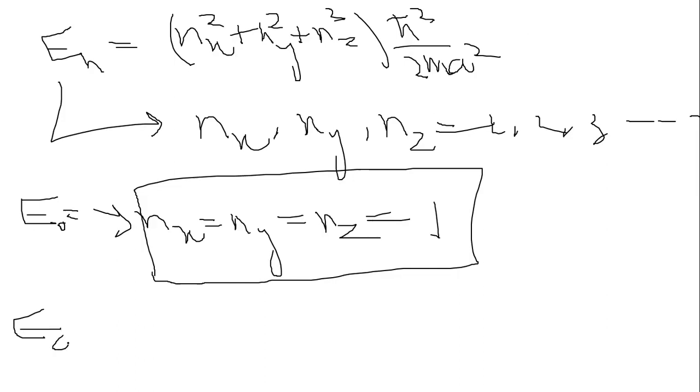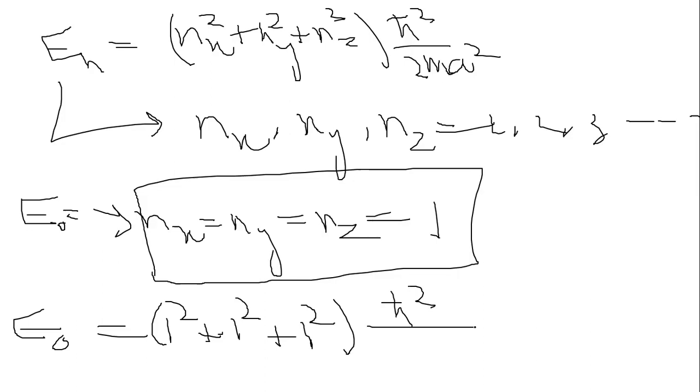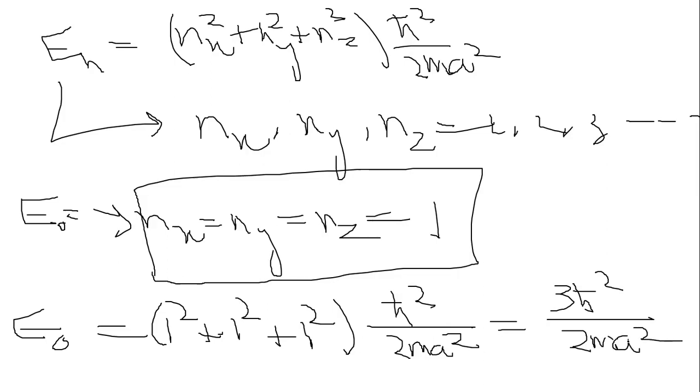We get E0 equals 1 square plus 1 square plus 1 square times h cross square by 2m a square, which is 3 h cross square by 2m a square.